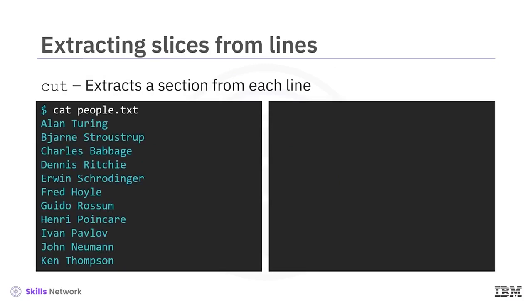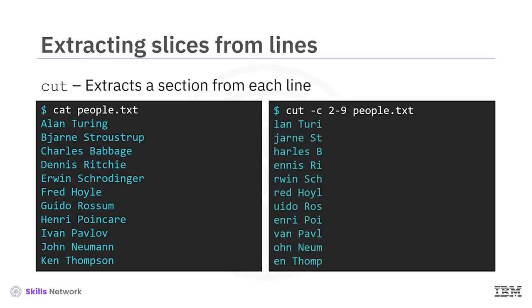Here you see the list of famous names again, such as Alan Turing and Charles Babbage. You can use the cut command to extract the 2nd to 9th characters from every line by entering cut -c 2-9 people.txt. You can see from the output that Alan Turing is returned as lan Turi.